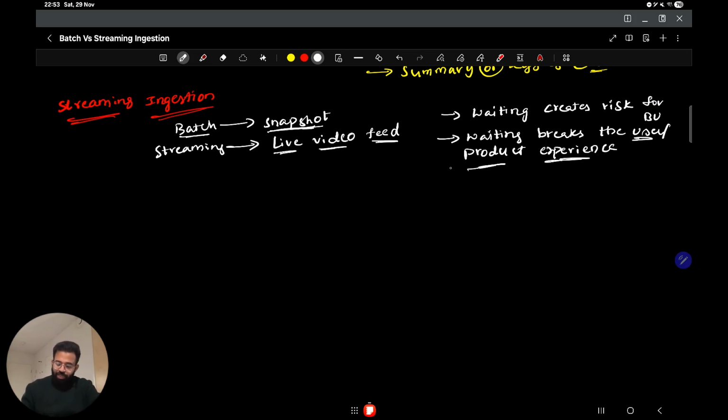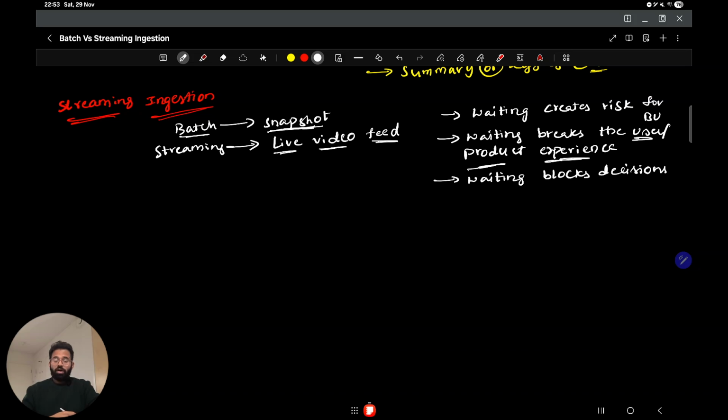And also streaming becomes necessary when waiting blocks decisions that must happen instantly or immediately. Let's say the business has to take some decisions, or even some machine has to take some decisions immediately or instantly.